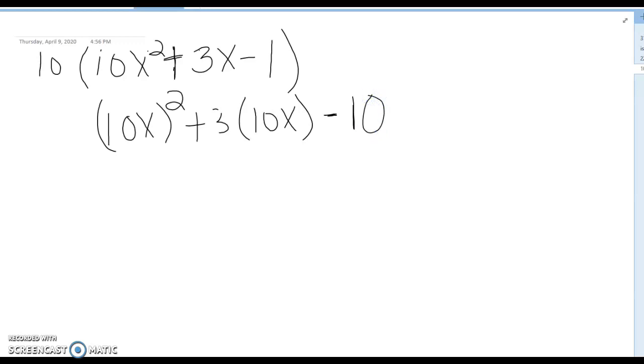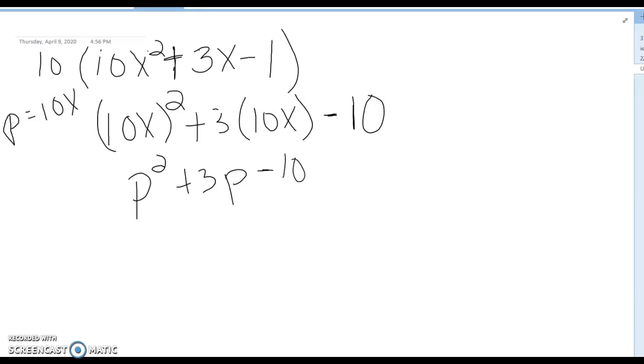I am substituting in, so this time I'm going to let p equal 10x. This is a substitution. I'm substituting in p wherever I see a 10x in this equation. In place of this 10x, I write p, and it's p squared plus 3 times p minus 10. And then from here, I factor.